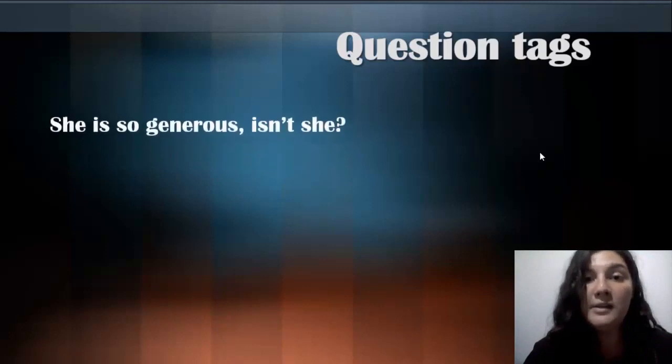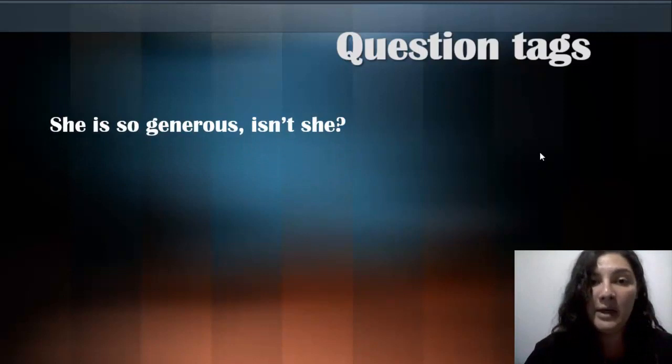Question tags require a special distinction in this category because although they contain a finite verb, they also need a declarative clause or a previous statement in order to complete its meaning and be functional. For example, if we just have isn't she, we lack previous information to know what that structure is about.